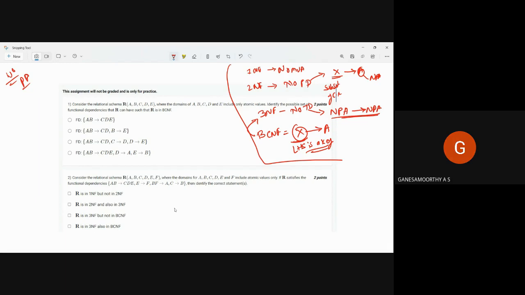In this case, this must be a key, this must be a key, this must be a key. Then we can say it is in BCNF. If the left hand side determines attributes and it is a key, then we can say it is in BCNF, but for that, it should be in 3NF.